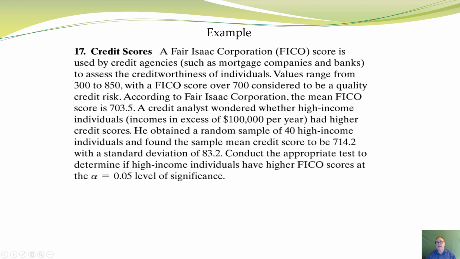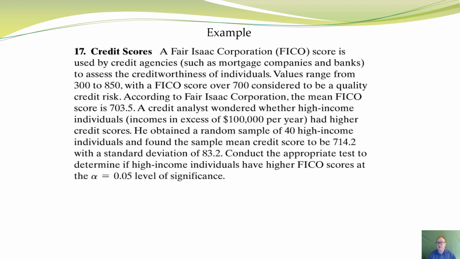Okay, let's look at an example. Credit scores. A Fair Isaac Corporation, FICO, score is used by credit agencies such as mortgage companies and banks to assess the creditworthiness of individuals. Values range from 300 to 850, with a FICO score over 700 considered to be a quality credit risk. According to Fair Isaac Corporation, the mean FICO score is 703.5.